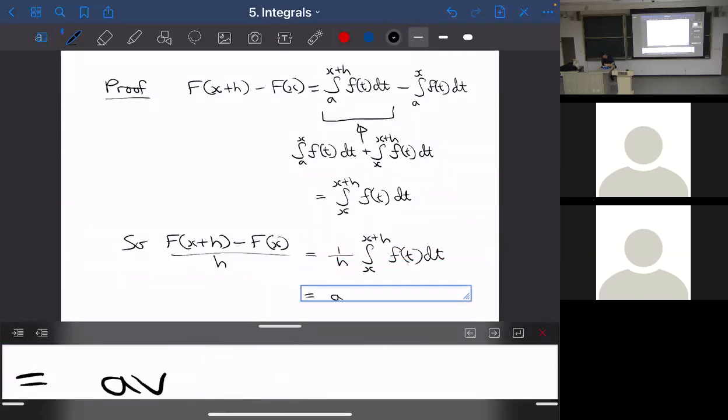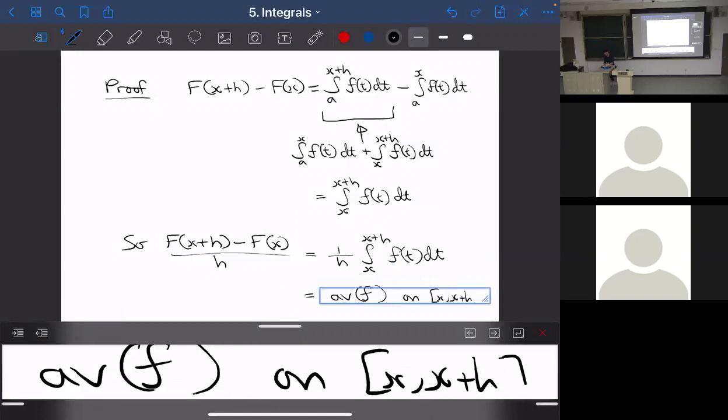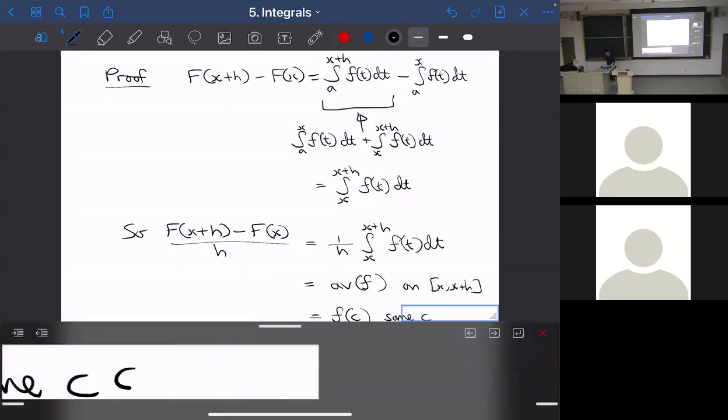And that is equal to the average of f on the interval x to x plus h. And we showed that there is always some c such that f of c equals the average. So some c in this interval.